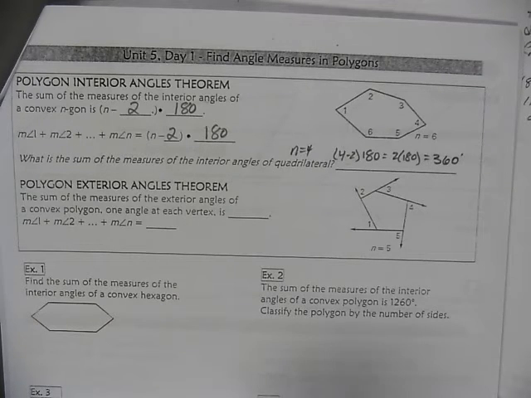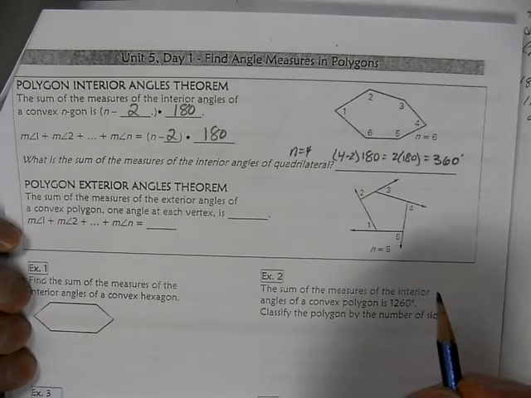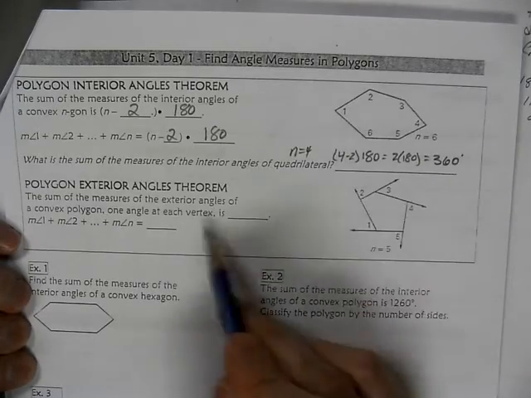A square, a rectangle, of course, they have 90. A trapezoid, a kite, a parallelogram, all of them have the sum of the interior angles of 360. We'll come back to the exterior angle theorem.